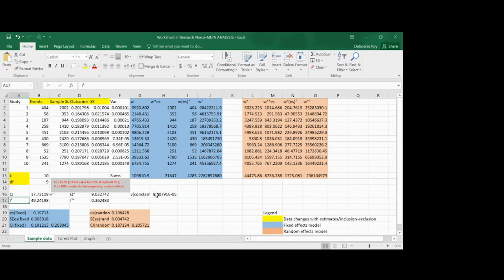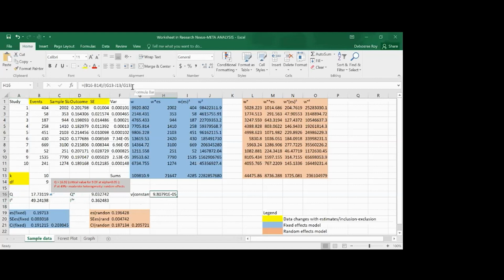In a random effects model, you have to compute the weight separately, because the assumption of the model changes here, right? Because your outcome is not a singular outcome. It's over a range.